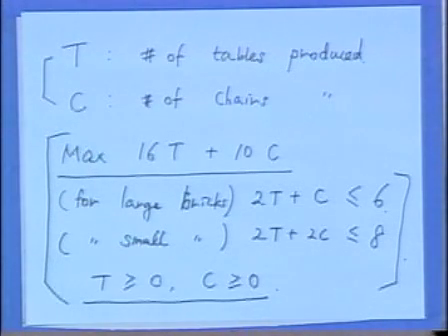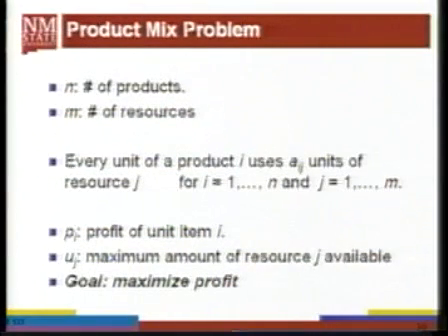So we've just talked about the window glass problem and the chair and table problems. And both of these problems are categorized into the product mix problem, okay? So generally, in a product mix problem, there are n different products that could be produced, and each of these products consumes certain quantity of m different resources, okay?